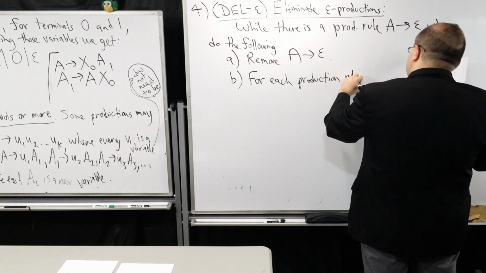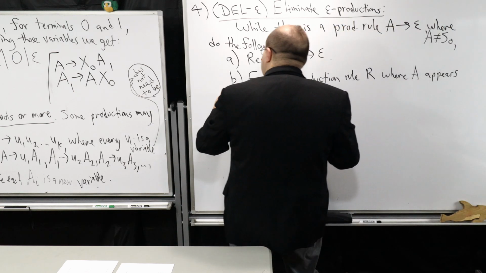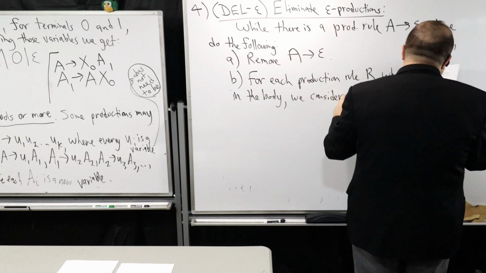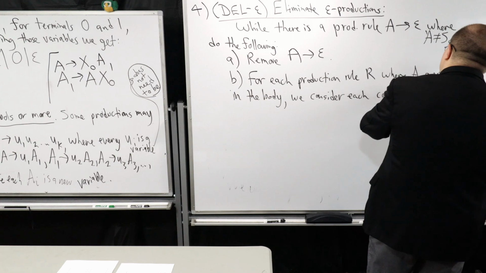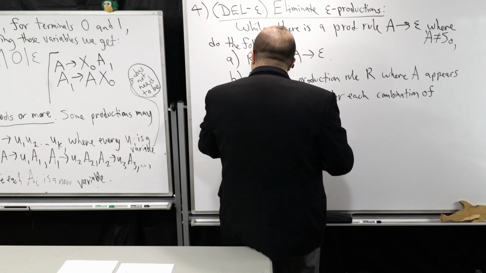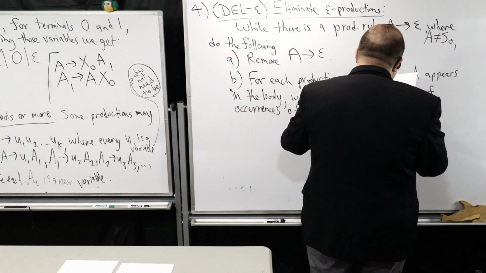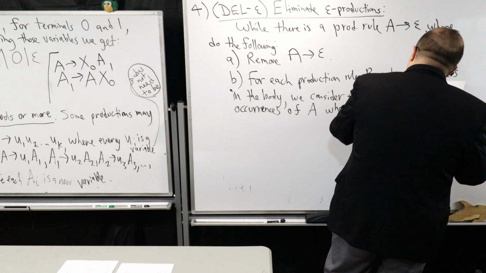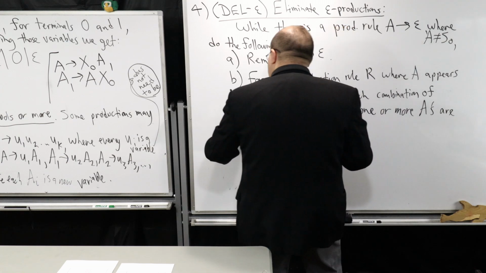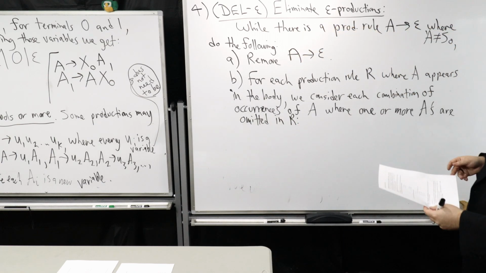For each production rule R, where A appears in the body, we consider each combination of occurrences of A where one or more A's are omitted, meaning I don't include it, omitted in R. So I just want to give you some clarification of what I mean by this.